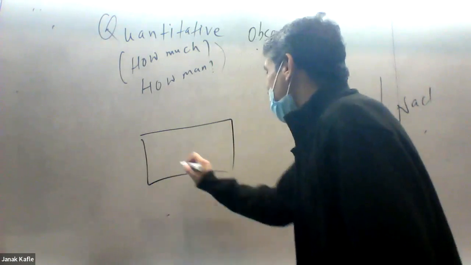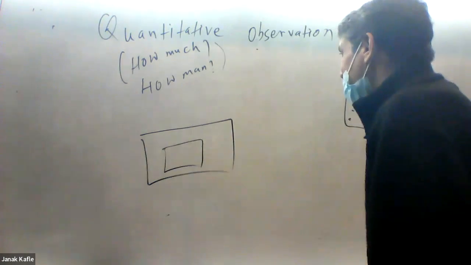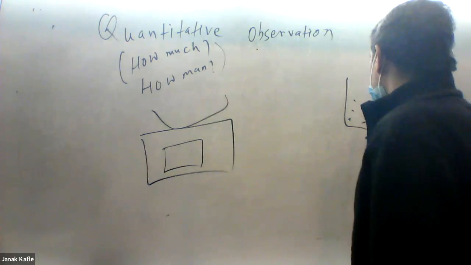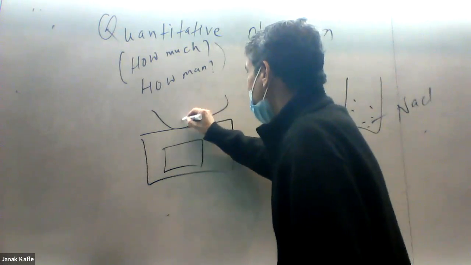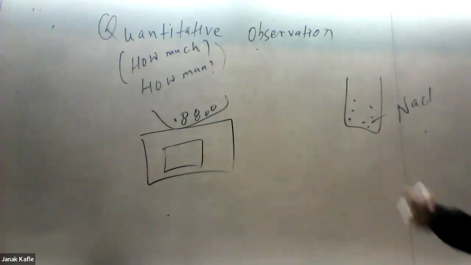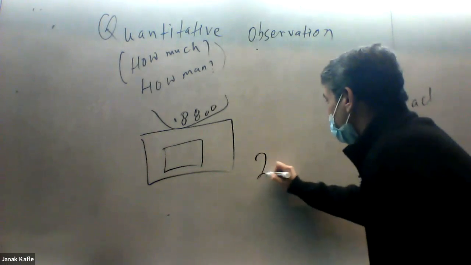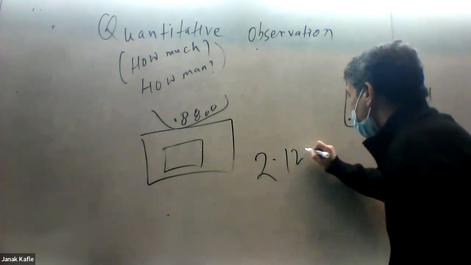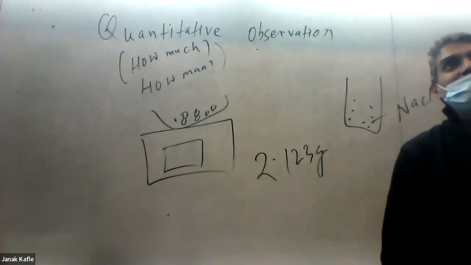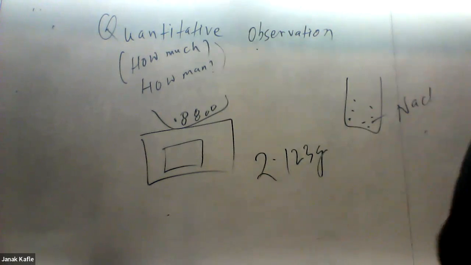The balance has a reading pan here. You put a weighing board here, make it 0, and take a couple of spoons and put the salt here. You are trying to measure 2 gram, but let's say you measure 2.13 gram of the salt. So what kind of observation do you make now? That's a quantitative observation.